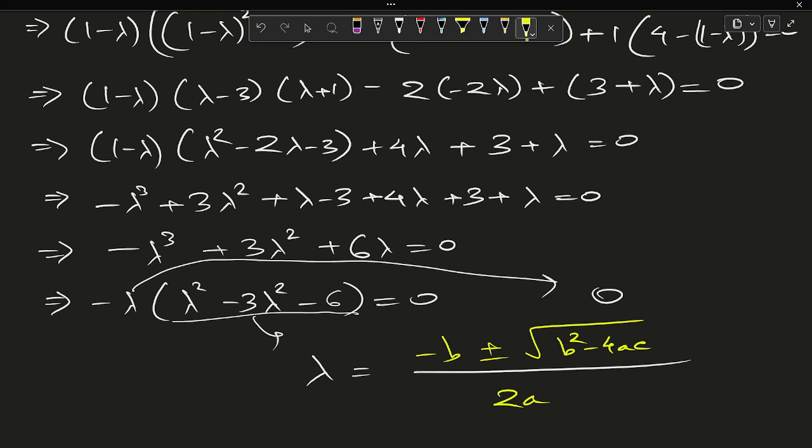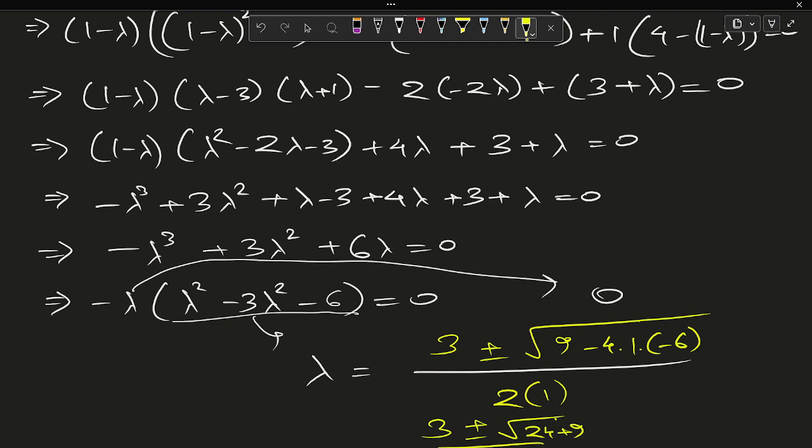My b is minus 3 here, so minus b will be 3, and b squared will be 9. A is 1 and c is minus 6. So what we will get is 3 plus or minus root of 24 plus 9, over 2. So that will be 3 plus or minus root 33, over 2.